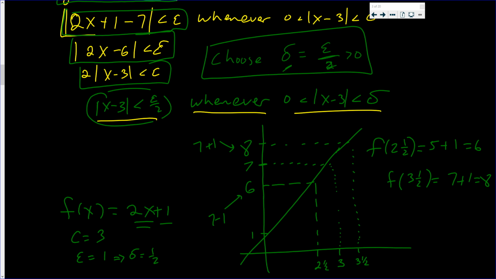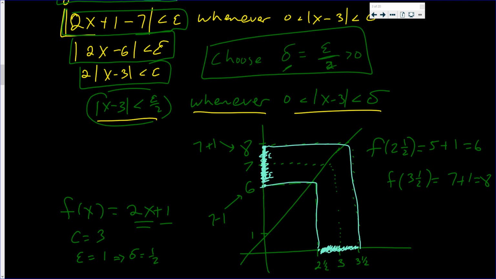So I have my epsilon neighborhood. This is epsilon, and this is epsilon. Remember, f of 2.5 went right to 6, and f of 3.5 went right to 8. So look at this. Everything in here, f of every one of these values will be in here.